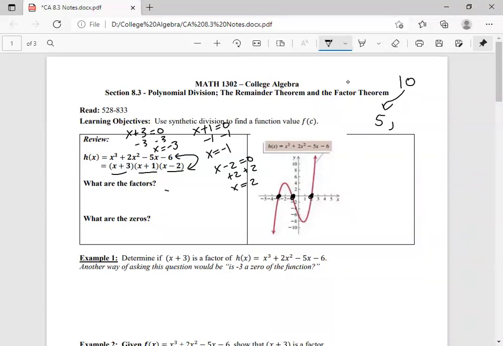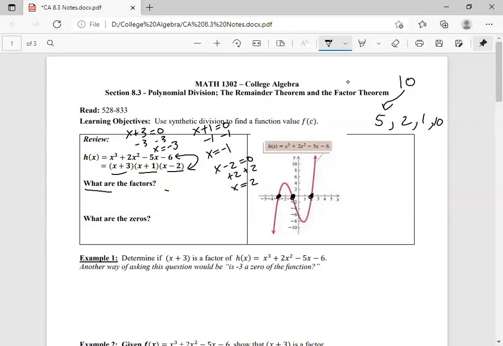What's another factor of 10? 2. What's another factor of 10? 1, 10. So factors are numbers that go in evenly to the number, right? They don't have any remainders. If they're a factor, you can divide them in evenly and they have no remainders. So that's what a factor is.